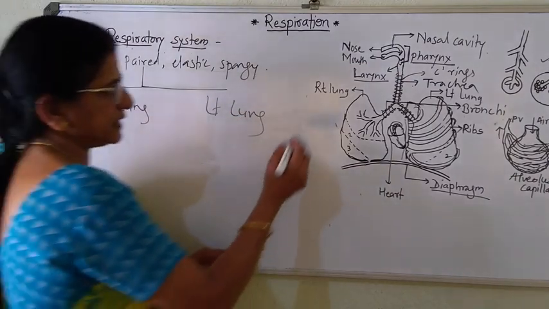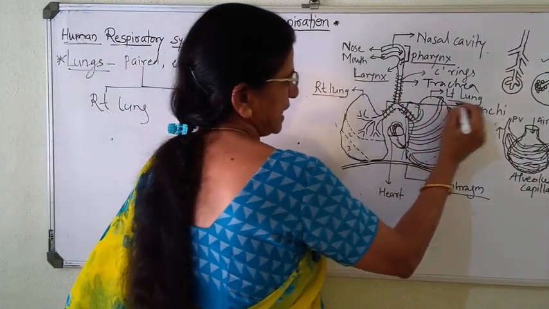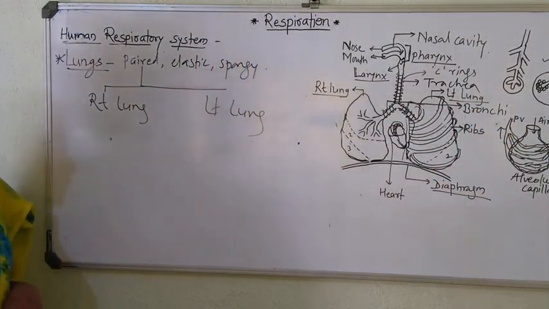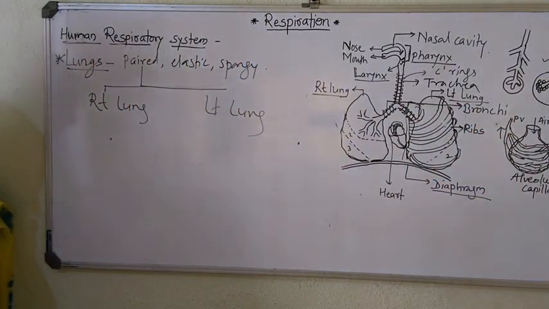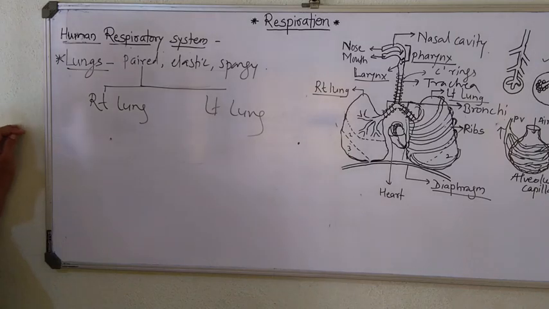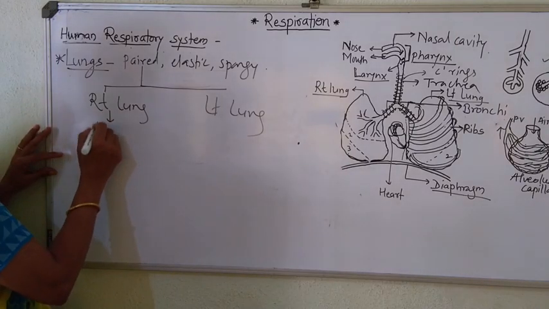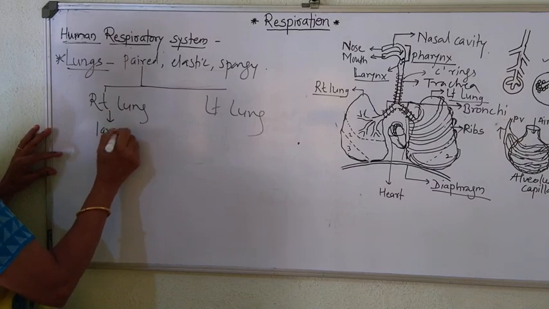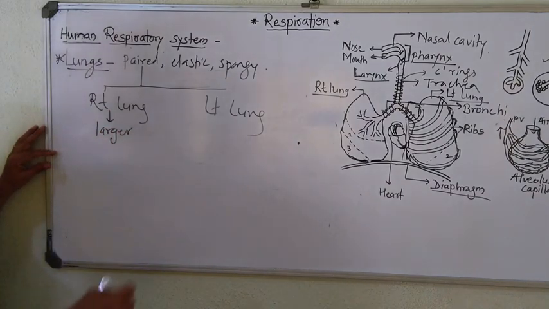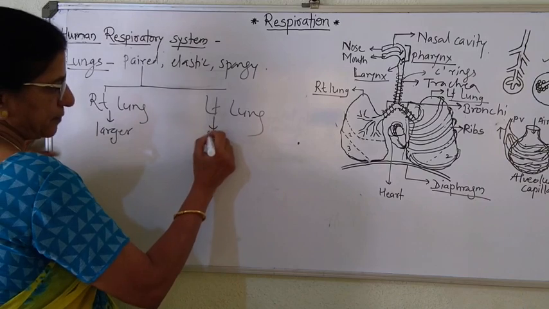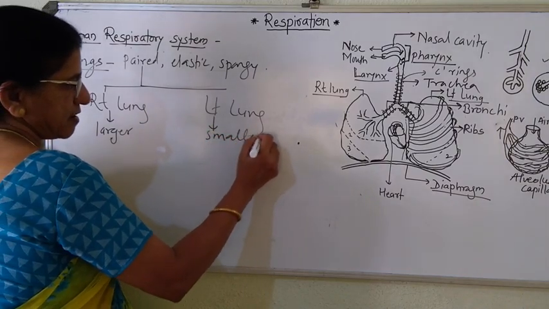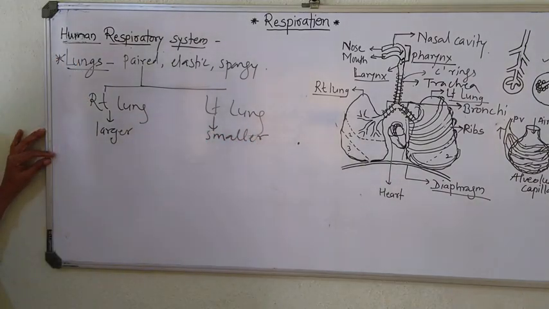You can say this one is the right lung, this one is the left lung. What is the difference between the right lung and left lung? The right lung is slightly larger as compared to the left lung. The left lung is smaller in size as compared to the right one.